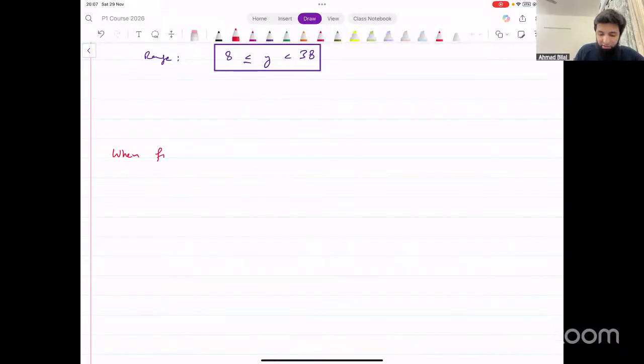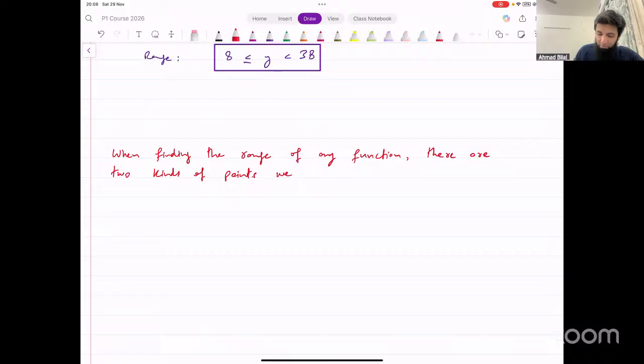When finding the range of any function, there are two kinds of points we always consider. Number one, the endpoints of the domain.